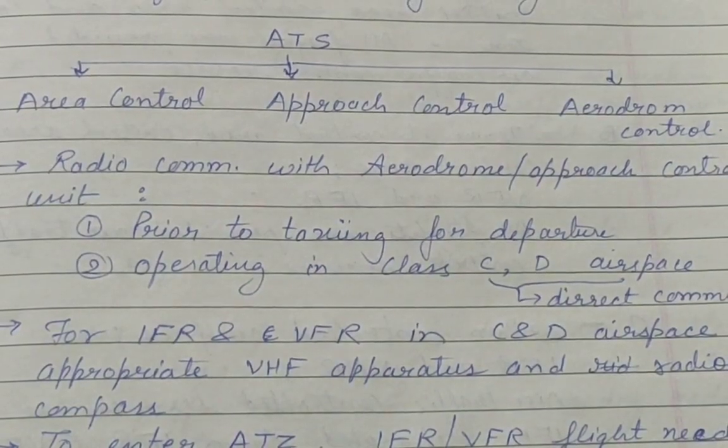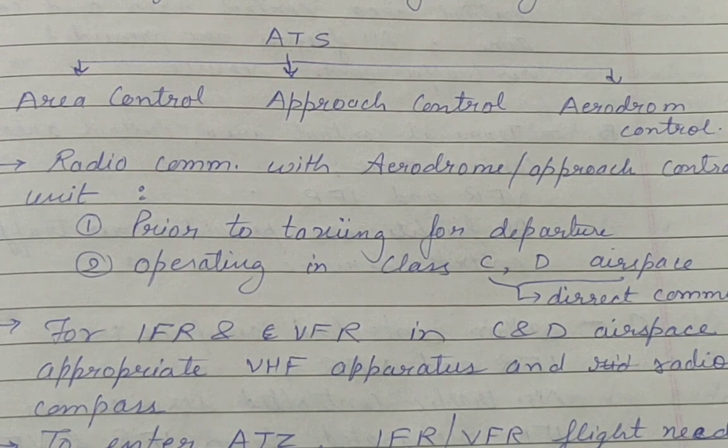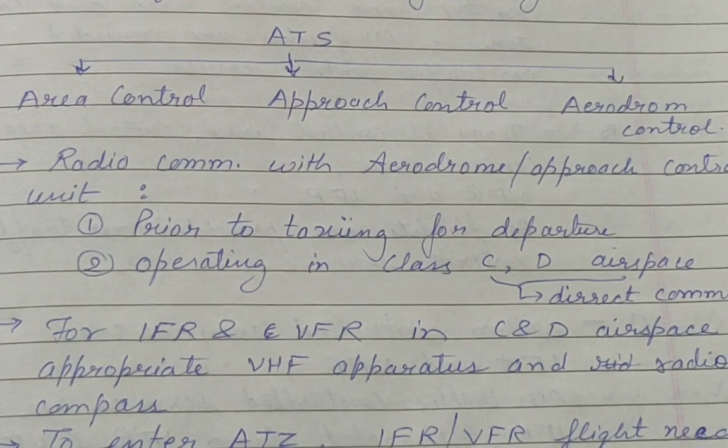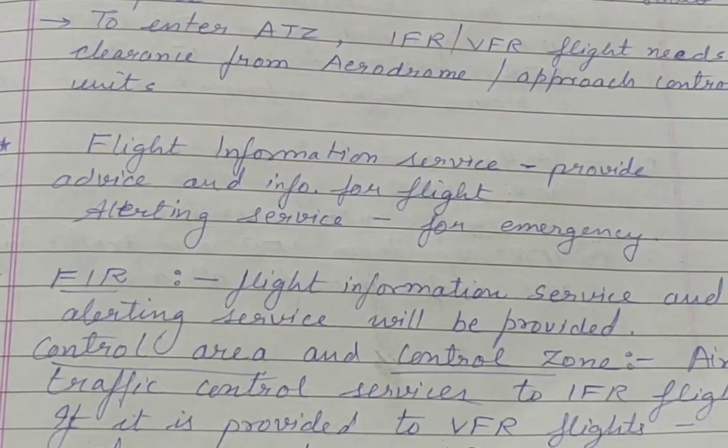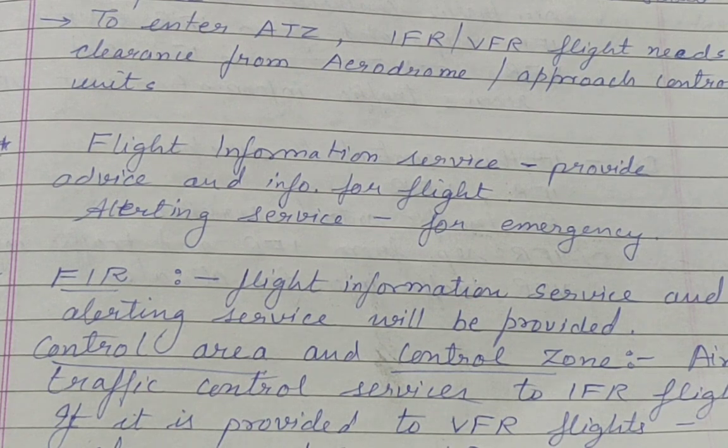In the case of both IFR and VFR flights operating in C and D airspace, appropriate VHF apparatus and radio compass should be equipped in the flight. To enter the ATZ, a clearance request has to be made to the aerodrome or the approach control unit, any one of them, whether you are operating an IFR flight or a VFR flight.